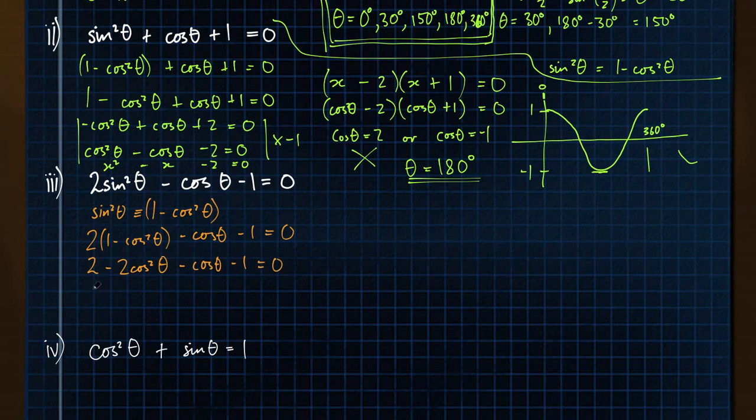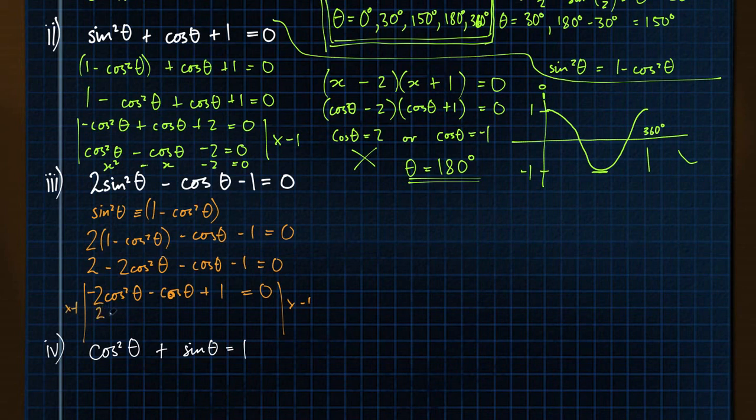And then writing out in the order that I normally would see it, that's minus 2 cos squared theta minus cos theta. Collecting the numbers, 2 minus 1 is plus 1 equals 0. And I'm going to times everything by minus 1 here.